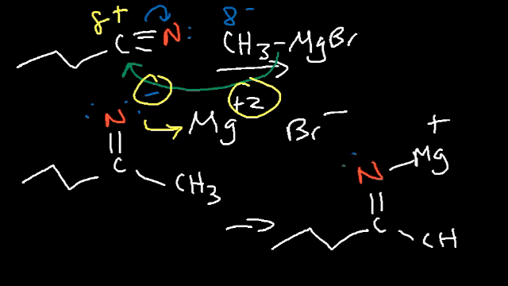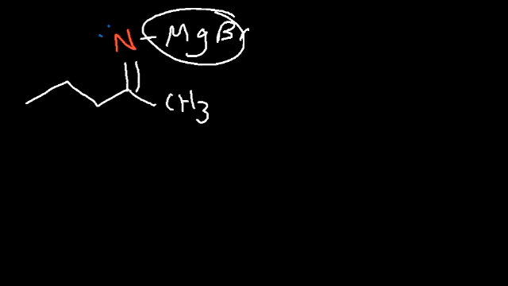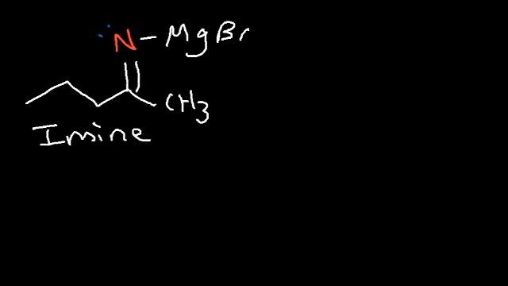And what we could do is we can combine the bromide and the magnesium. So we can write the product like this. But keep in mind though, this bond is really like an ionic bond. So this is an imine, but this is the salt of an imine.